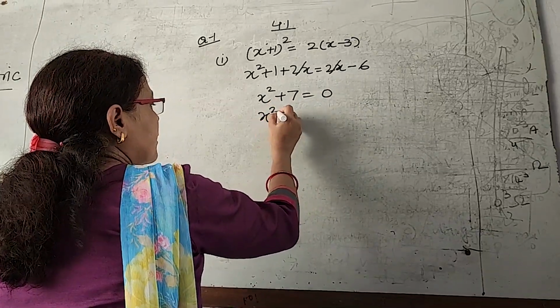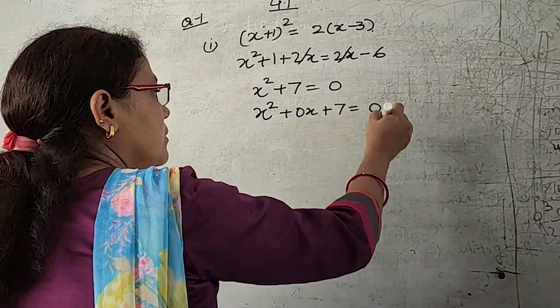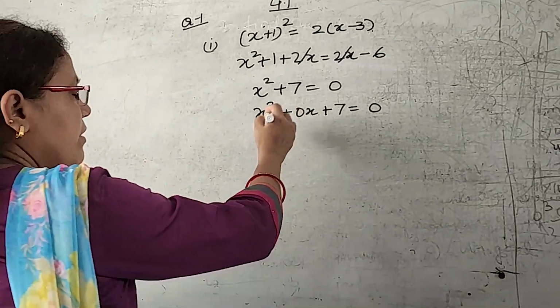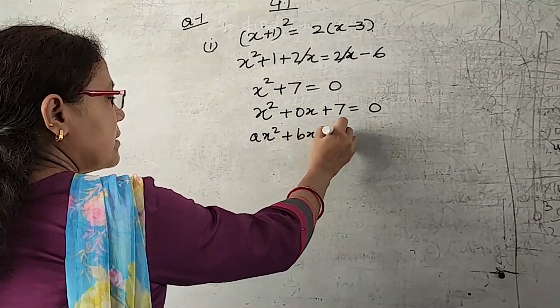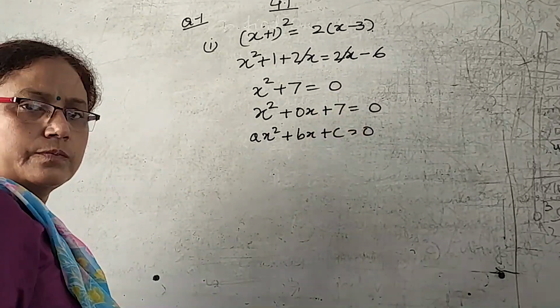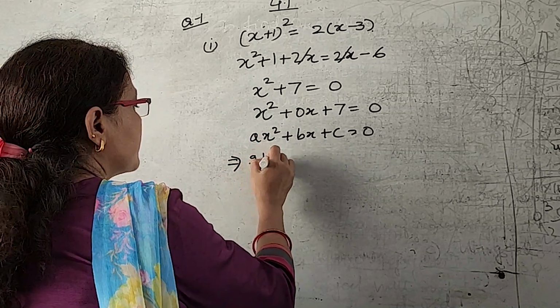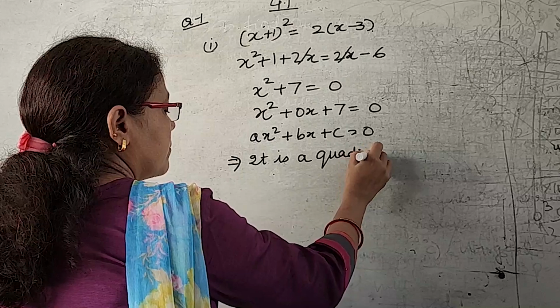It can be written as x square plus 0x plus 7 equal to 0. So you can see we have written it in the form of ax square plus bx plus c equal to 0. Therefore, it is a quadratic equation.